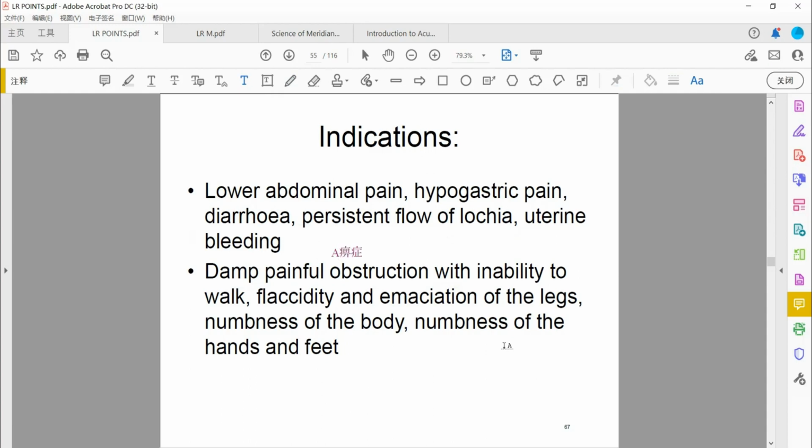Bi syndrome. So the joints will be painful. And why is it painful? Usually because of wind, cold, and damp.